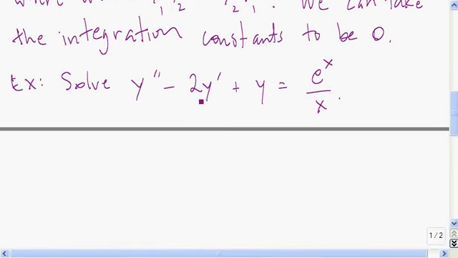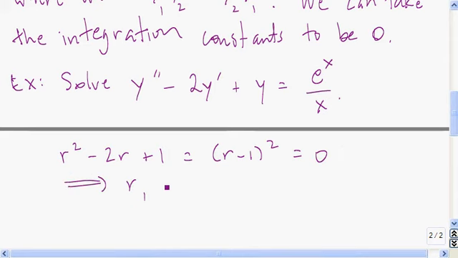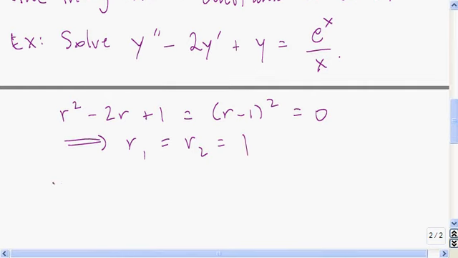So we get our characteristic equation, r² - 2r + 1 = (r - 1)² = 0, which means r1 = r2 = 1. So we know therefore that yc = c1 e^x + c2 x e^x.